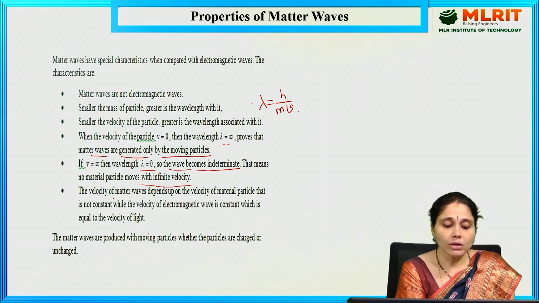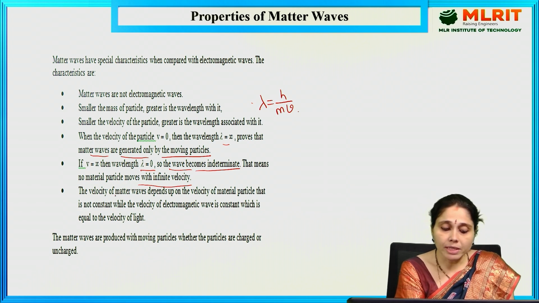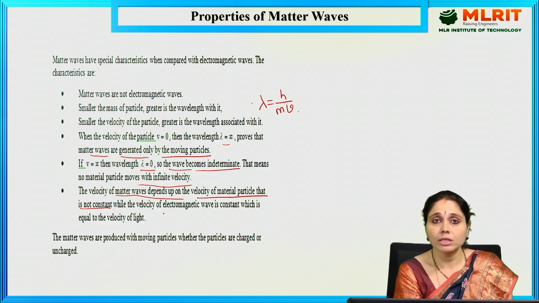Now, the velocity of matter waves depends upon the velocity of the material particle. That is not constant, while the velocity of electromagnetic waves is constant, which is equal to the velocity of light. The velocity of a material particle is not a constant, whereas the velocity of an electromagnetic wave is equal to the velocity of light.